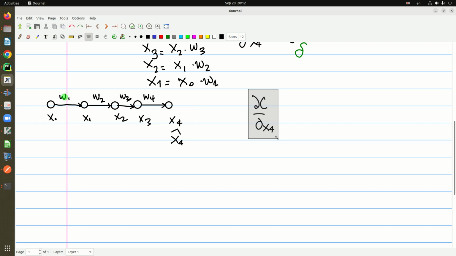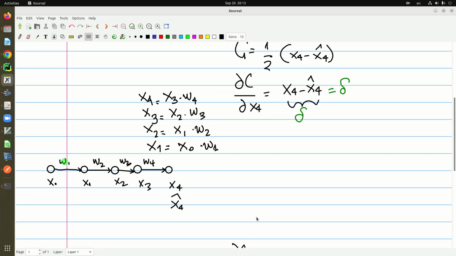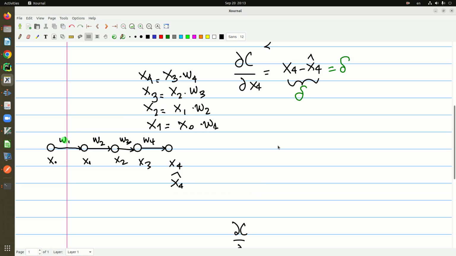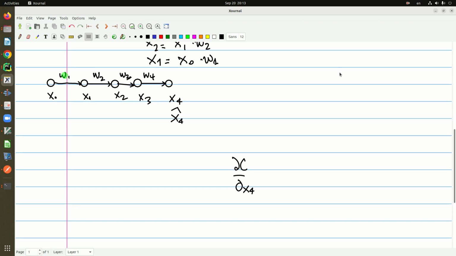So we do know the partial derivative of cost over x4, and we already have seen that this is nothing else than delta. I think this is a good starting point.